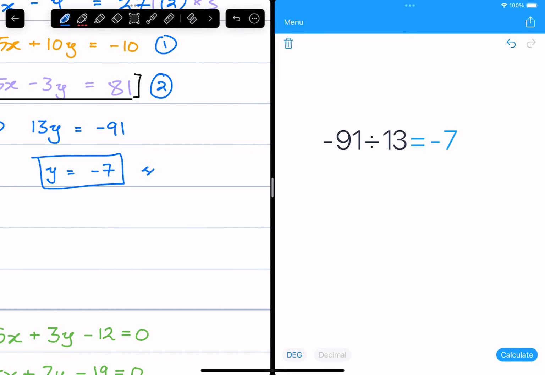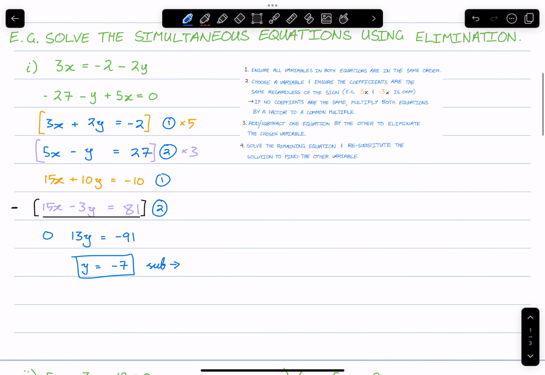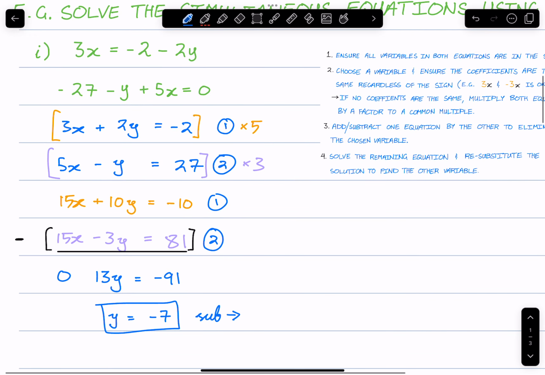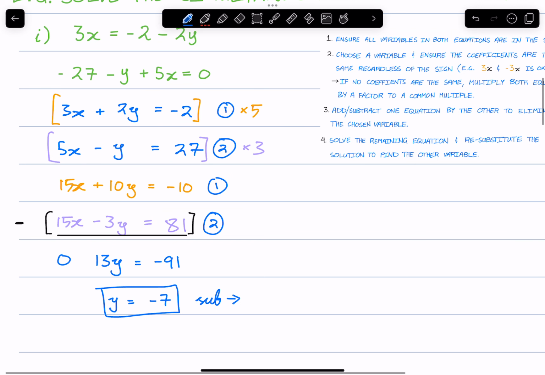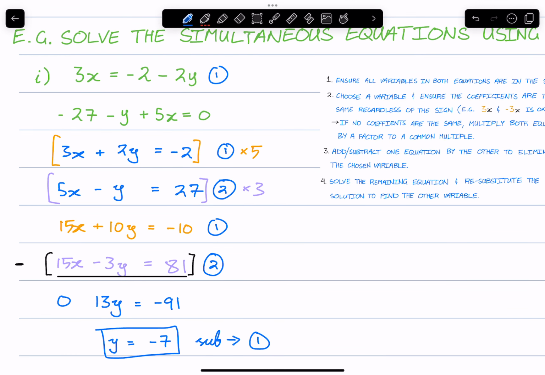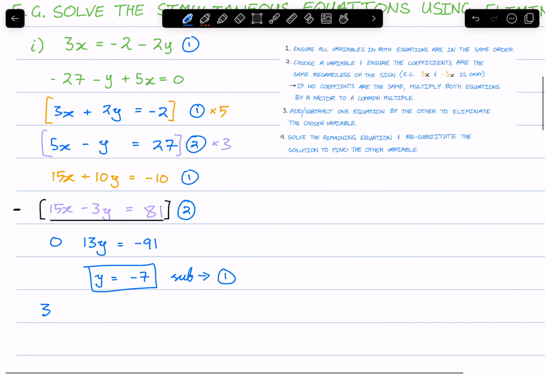We now just need to substitute this back into any equation from this point here. And for this, I'm just going to choose this one. So I'm going to substitute it back into our original equation 1. So substituting it there, we get 3x equals negative 2 minus 2 times, and there's our substitution, minus 7.